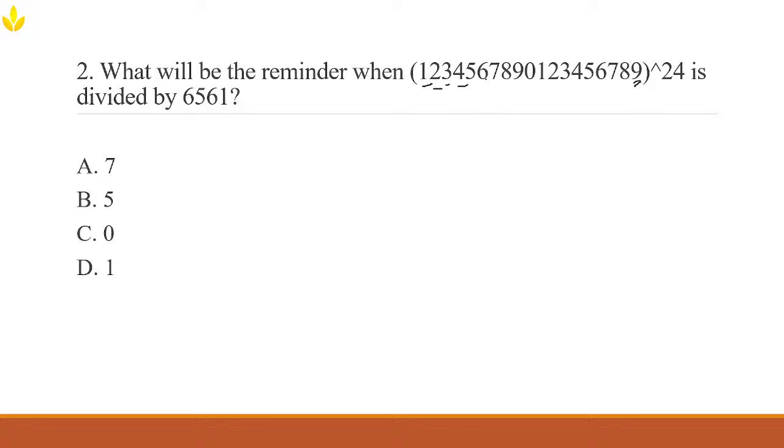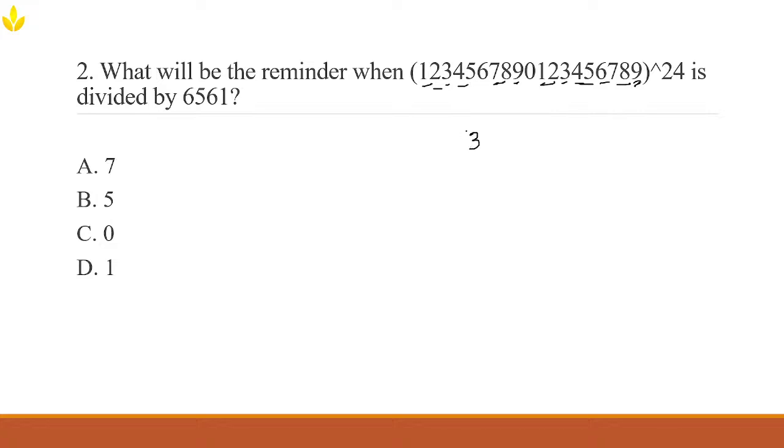And 6 also is divisible by 3. 7 plus 8 gives you 15, that is also divisible by 3. And 9 is also divisible by 3. The same goes with the other part, 1, 2, 3, 4, 5, 6, 7, 8, 9. So this number is completely divisible by 3.